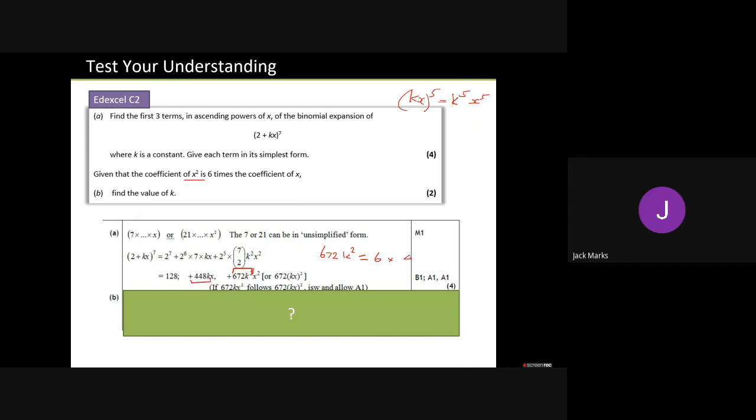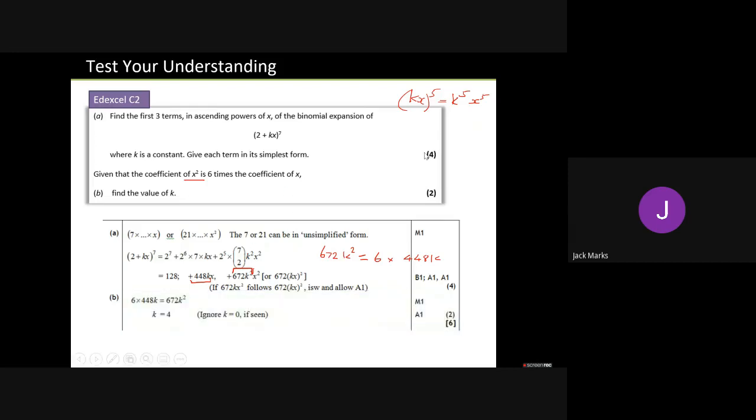So this is what you want to do, and that's where you'll get your first mark from. And if we solve this one here, you should get k equals 4. If you've got k equals 0 as another solution as well, you can just ignore that one. The reason why we ignore this one is because if you had 0x, it's not really much of an expansion.